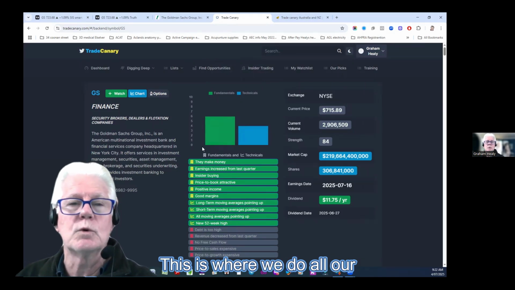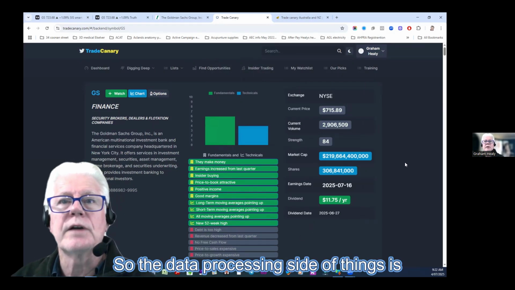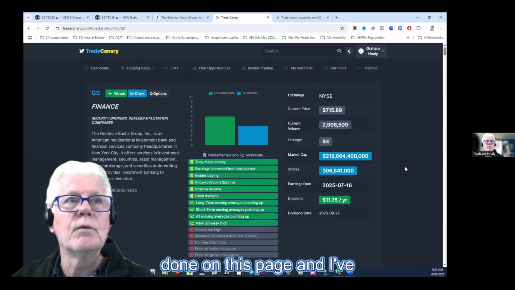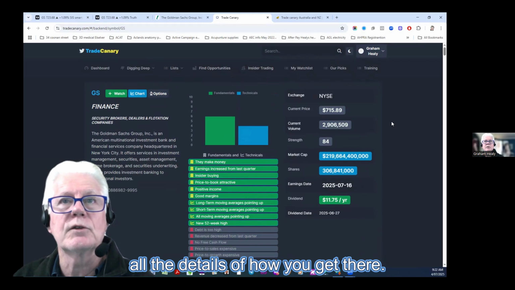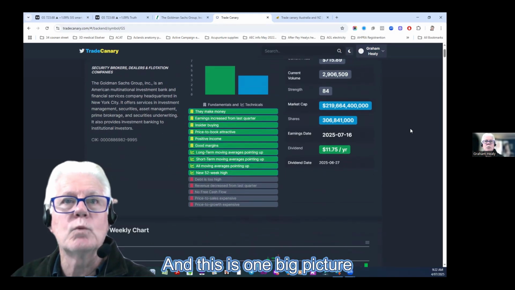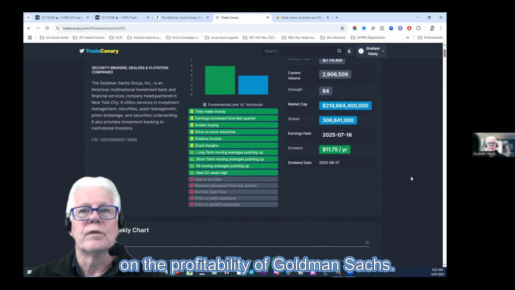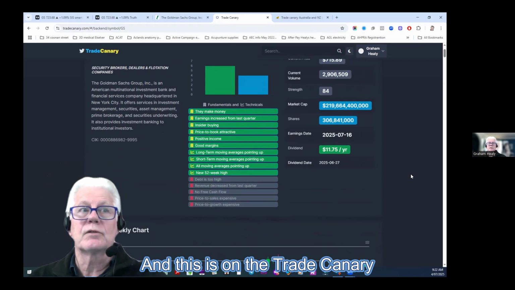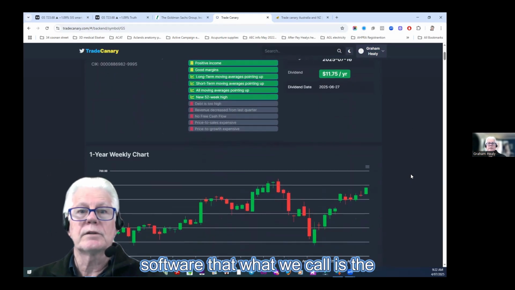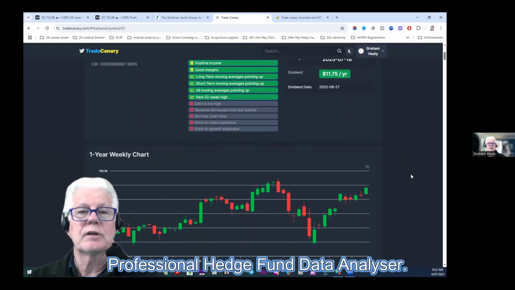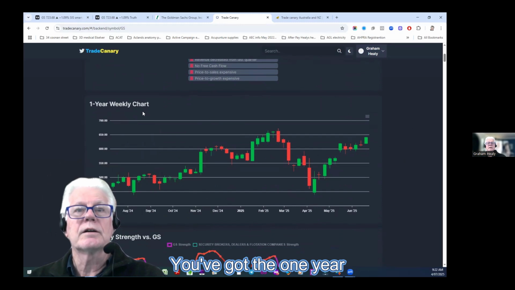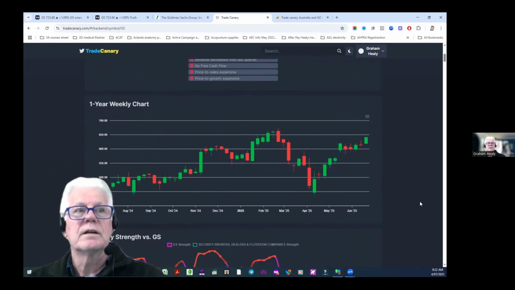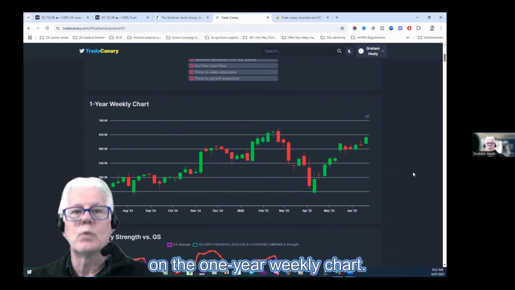This is where we do all our data processing. The data processing side of things is done on this page, and I've brought up Goldman Sachs here without going through all the details of how you get there. This is one big picture on the profitability of Goldman Sachs, on the Trade Canary software that we call the professional hedge fund data analyzer. You've got the 1 year chart based on 1 week, so a weekly chart.